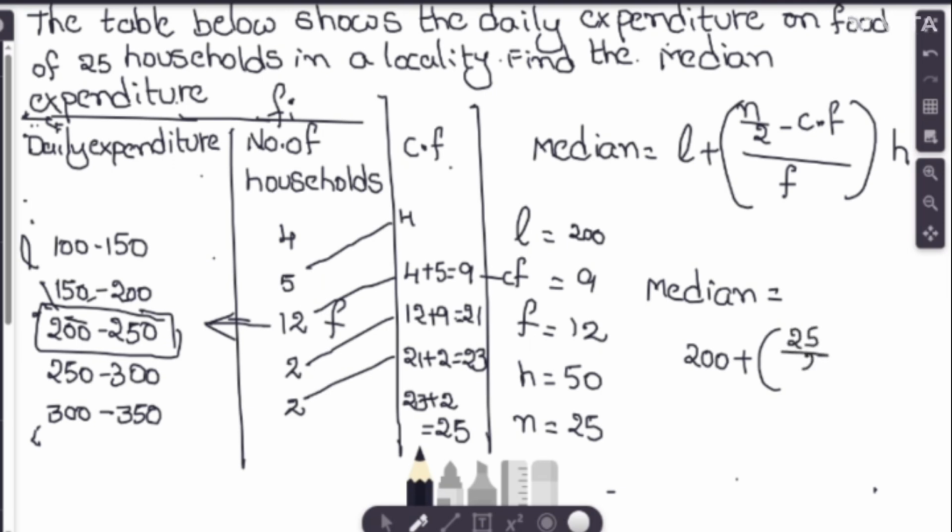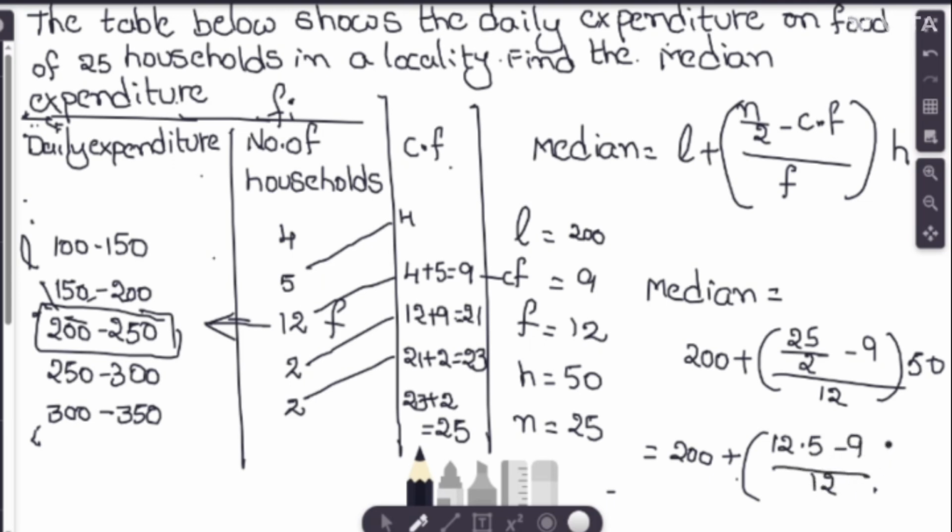That is 200 plus (25 by 2 minus 9) by 12 into 50. 25 by 2 means 12.5, minus 9 is 3.5, by 12 into 50.